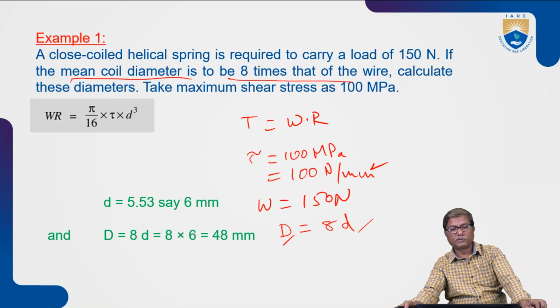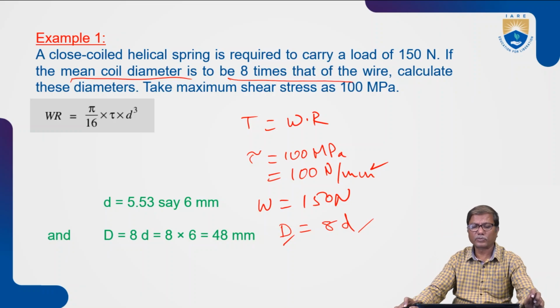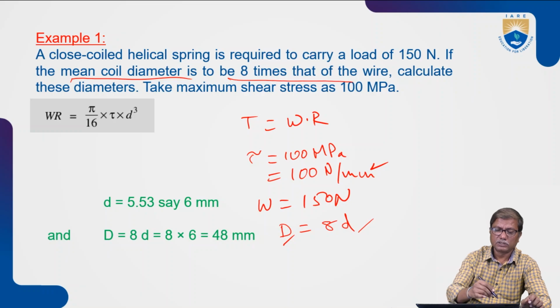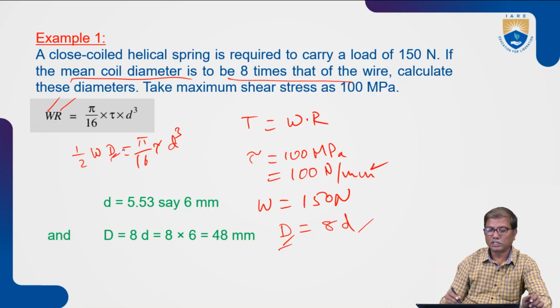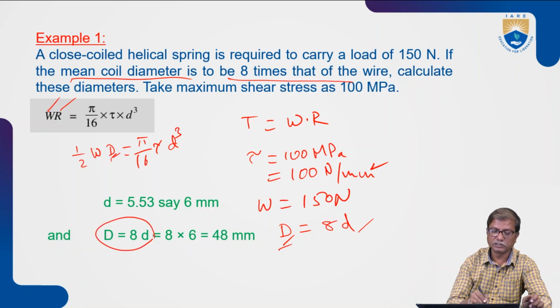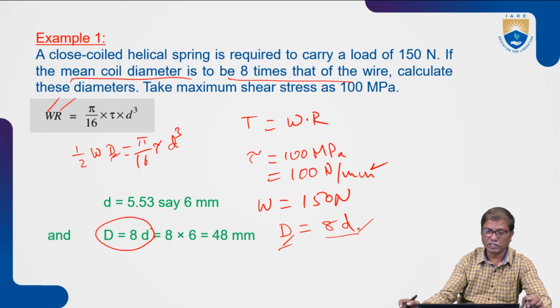So how will you find this now? Here you know W, and capital R is given. Capital R is capital D by 2, isn't it? So we can take this as half W D is equal to pi by 16 tau d cube. And now capital D can be replaced with small d, because capital D is given as 8 times the wire diameter.